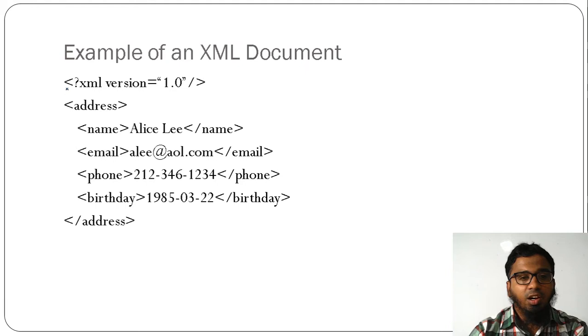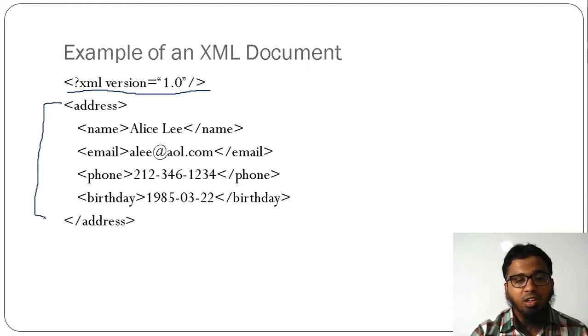Now see here XML. For the XML you need to write XML version 1.0, and here I am opening a tag and closing tag, address, and these are user defined tags.